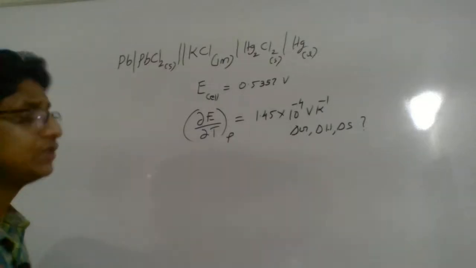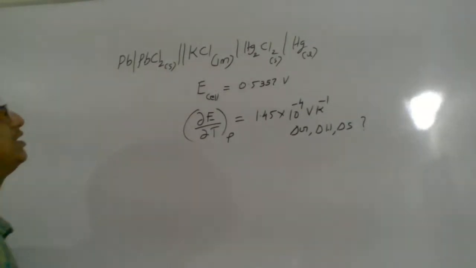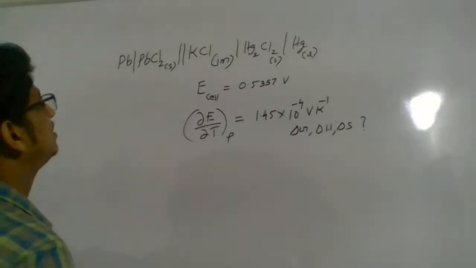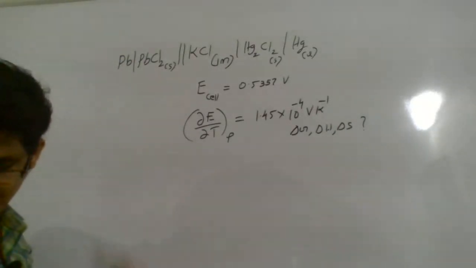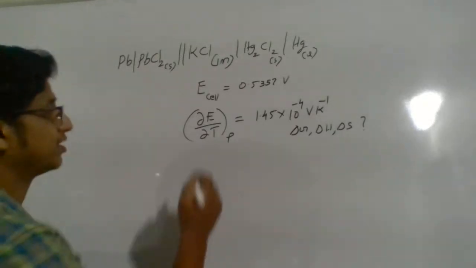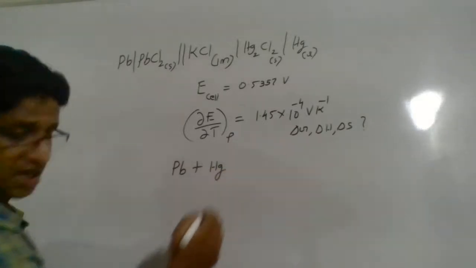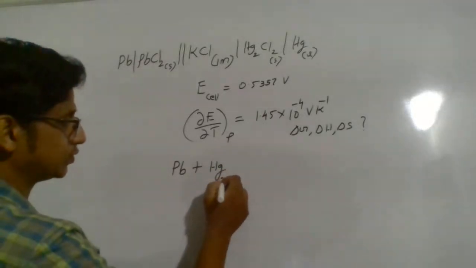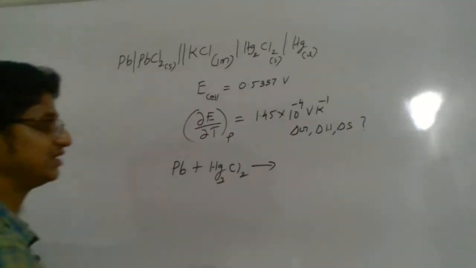Okay, so let us start. From the cell you can understand that lead will undergo oxidation. Lead gives lead 2 plus. The overall reaction can be represented like this: Pb plus Hg2Cl2 gives PbCl2 plus Hg.